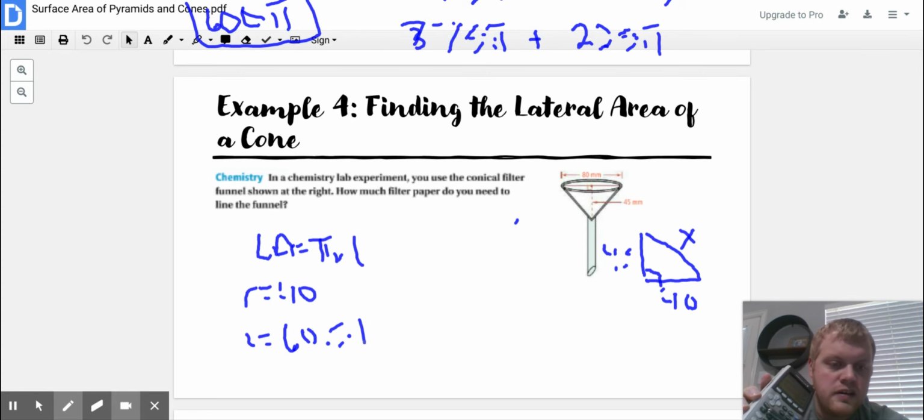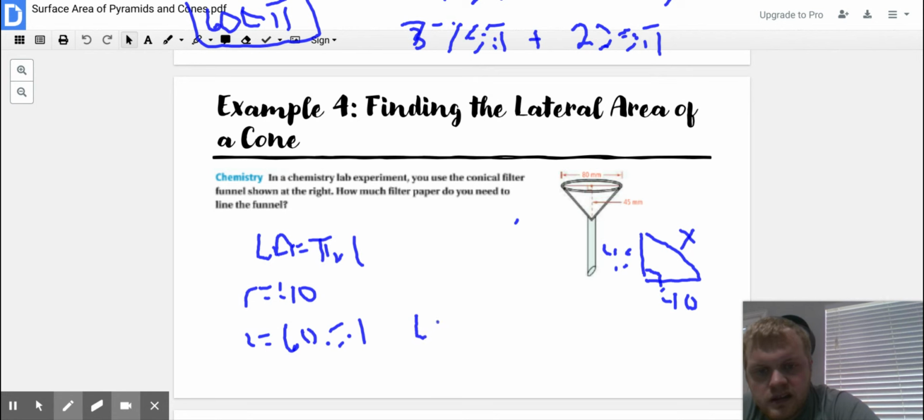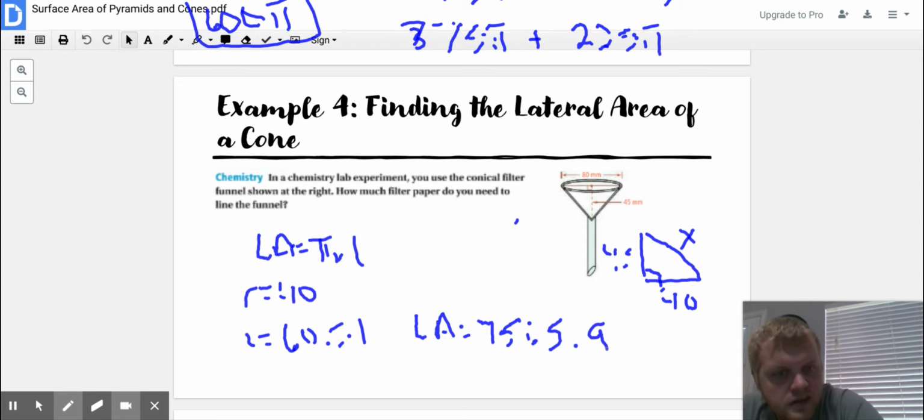You hit second caret, and then you should see the pi symbol there. Once you've multiplied it out, you should get a pretty big number. So the LA should equal 7,565, and we're going to round it to the nearest tenth, so 0.9. And that is millimeters squared.